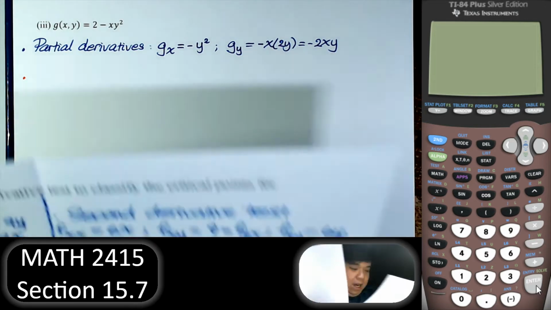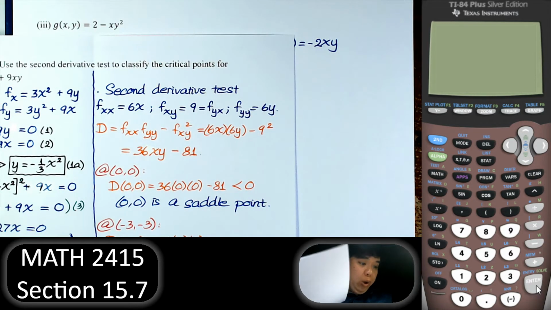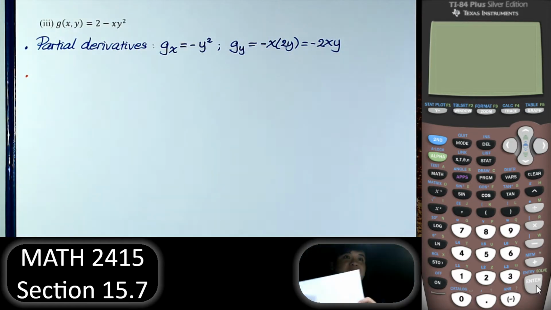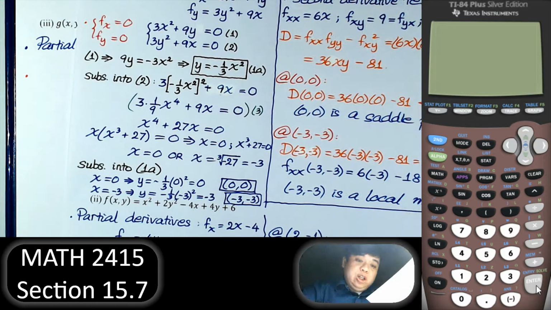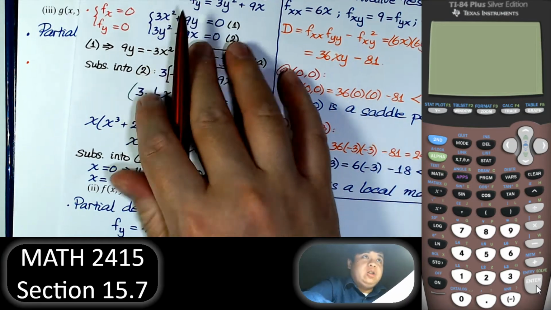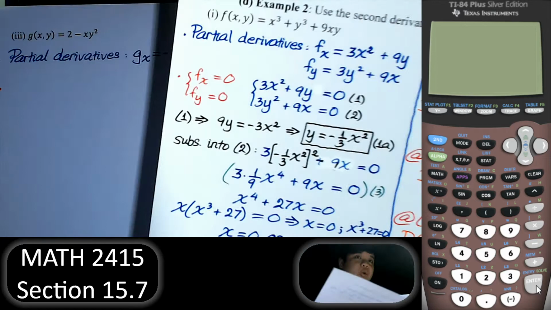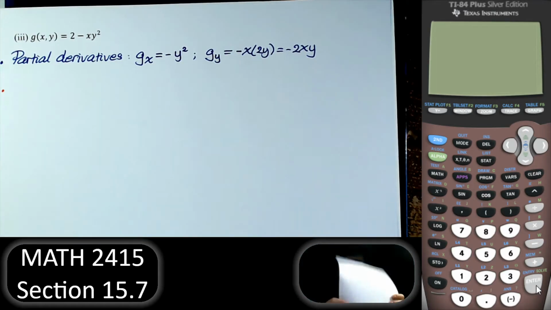Right. So I just have to read the instruction again. The instruction says that we only need to classify the point. So we either tell if it is the maximum or the minimum. We don't actually have to find the maximum values, meaning that we do not need to put the points back into the function and find out what the function actually equals. So we don't need to do that. Just classify the points. That's what the question wants us to do.